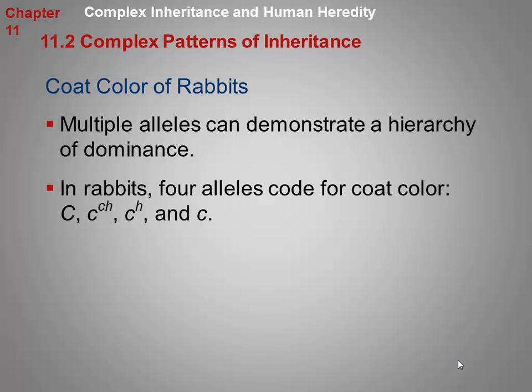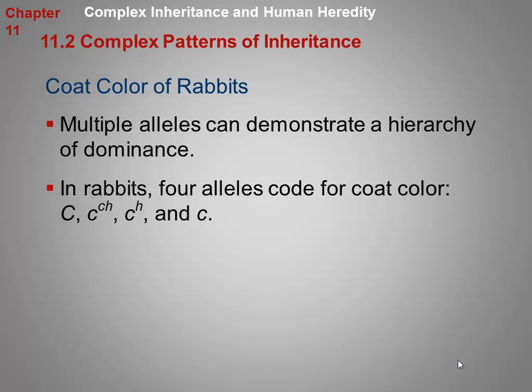Okay. Coat color in rabbits is another example of this, where there are 4 alleles that code for rabbit fur color. So it's not always 2 alleles that code for something. In the case of blood type, there are 3 alleles.